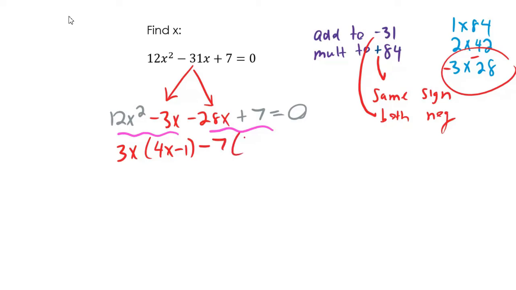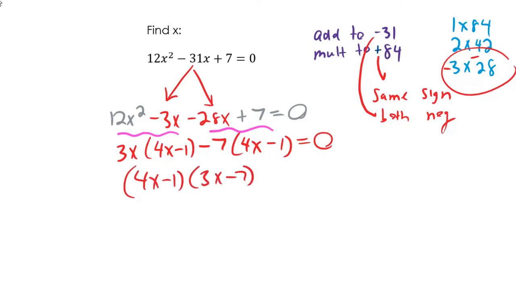So this will be plus 4x and minus 1, because negative 7 times 4x is negative 28x. Negative 7 times negative 1 is positive 7. And so now the two parentheses match, and we can go to the next part of our process. We can factor out 4x minus 1, and it leaves us with 3x minus 7.